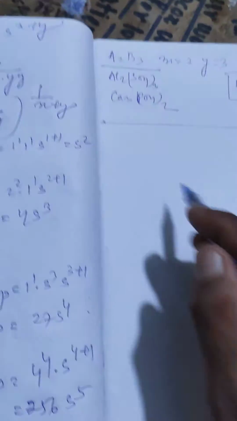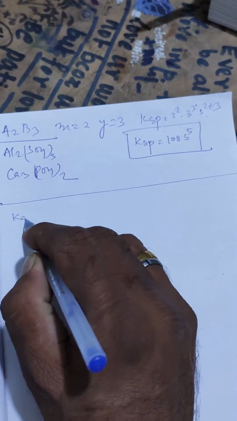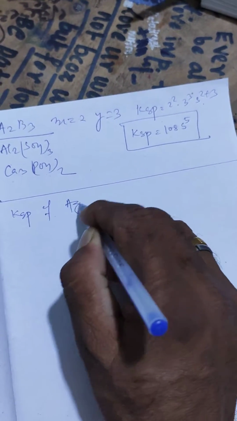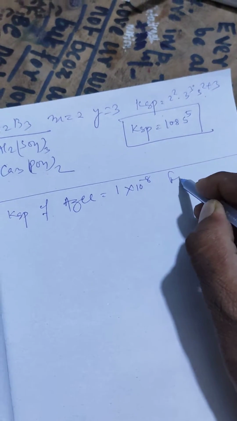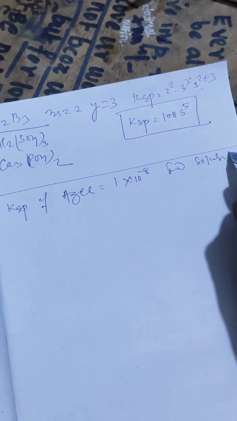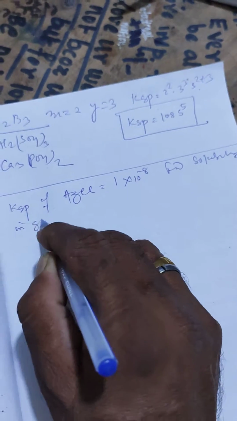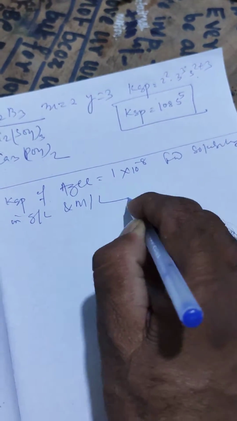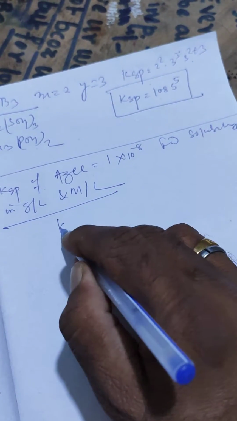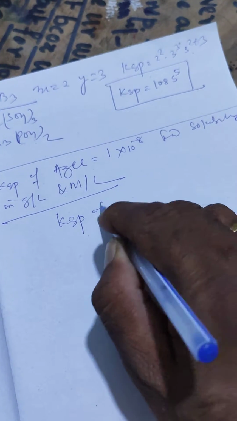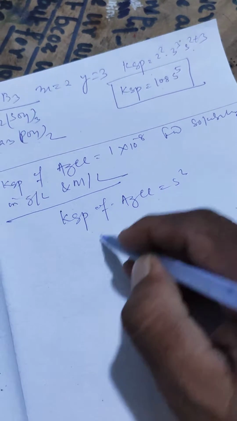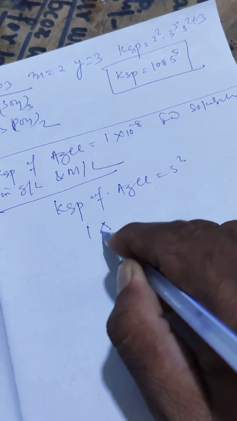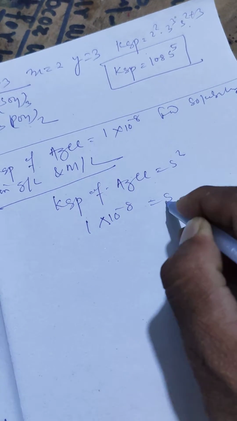So let us take: Ksp of AgCl is 1 into 10 to the power minus 8. Find solubility in gram per liter and moles per liter. So here we know the Ksp for AgCl. Ksp of AgCl is equal to S square. So the Ksp value given, 1 into 10 to the power minus 8, is equal to S square.